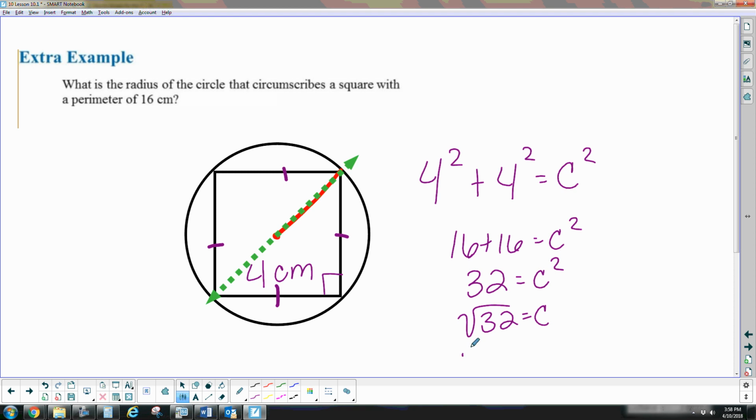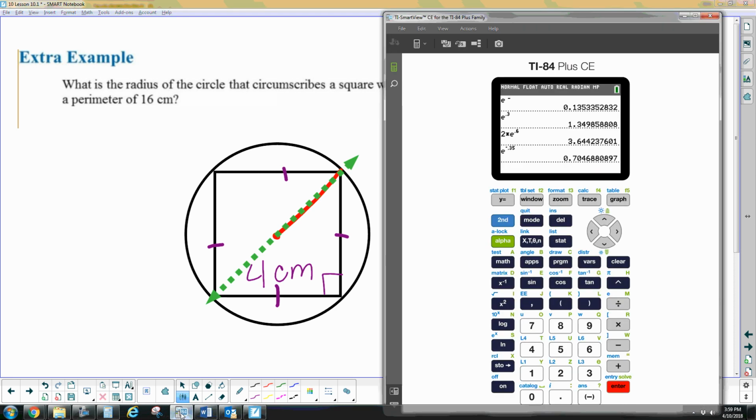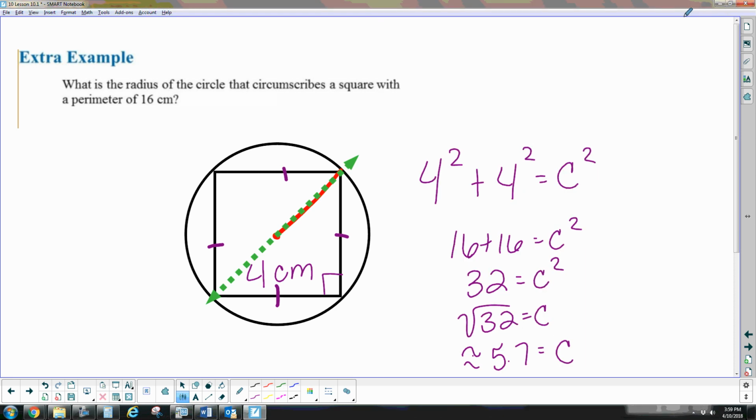So the square root of 32 is approximately 5.7. Now we're not looking for the diameter of the circle, we're only looking for the radius. So the relationship between diameter and radius is that the diameter is twice as big as the radius.